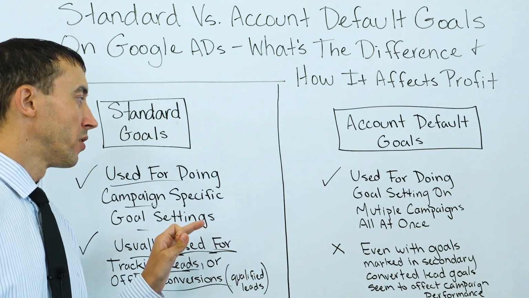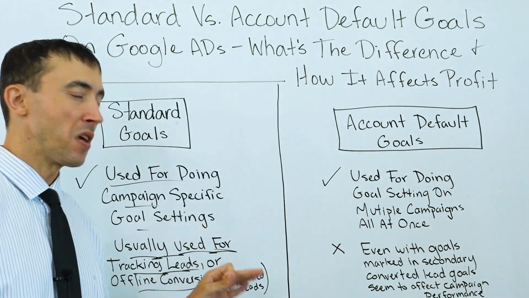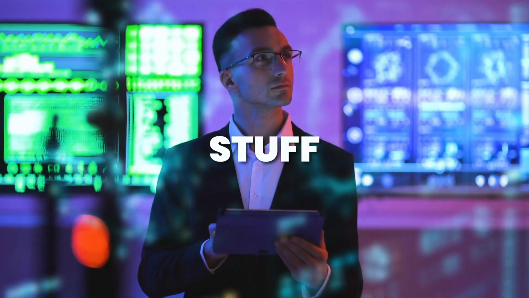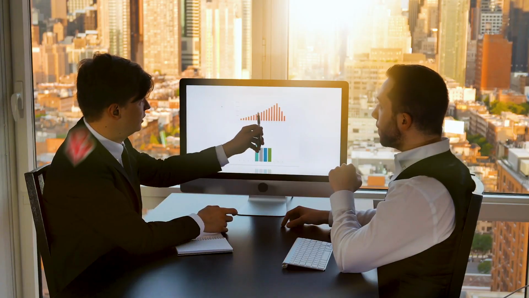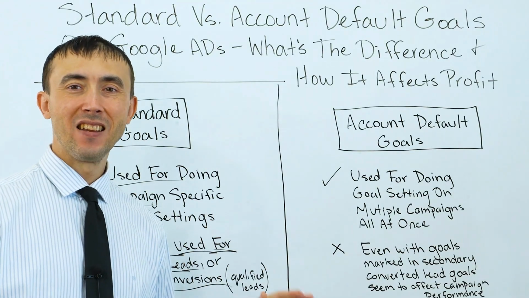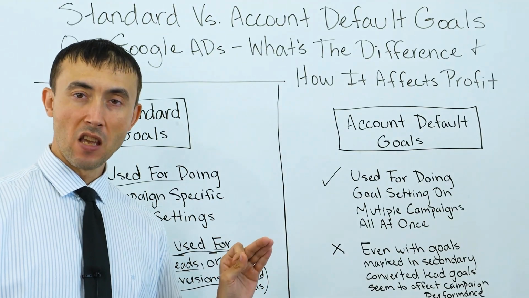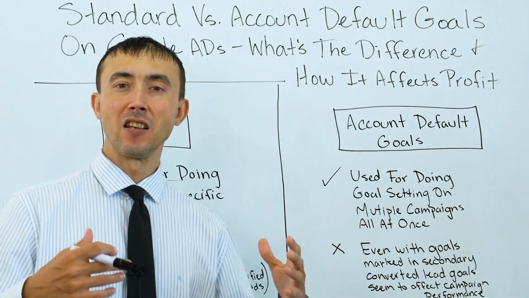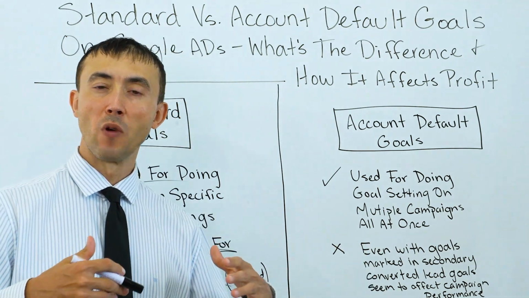Generally speaking, what we'll have at our agency is we will optimize for stuff that is not a sale, but correlated with sales, because we're going to get data quicker. With that said, I'm going to mark the form fills and phone calls and ebook downloads and all that as an account default goal right away.